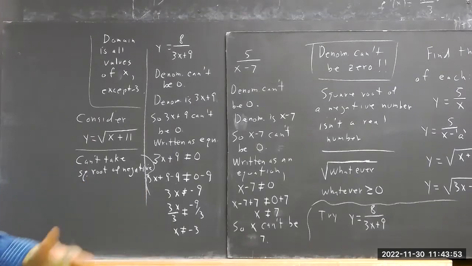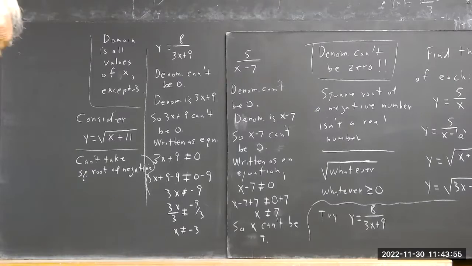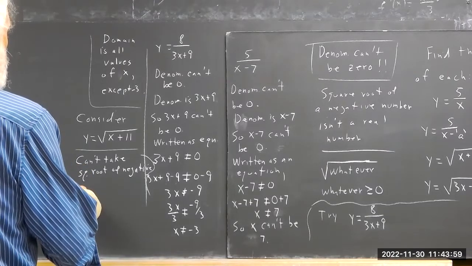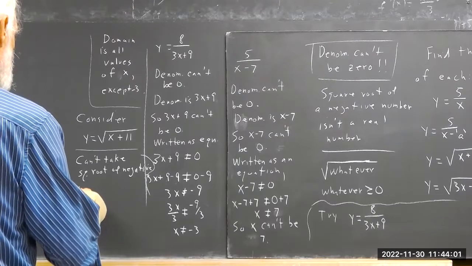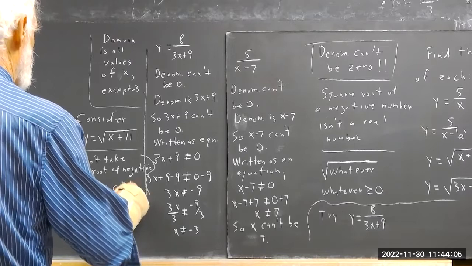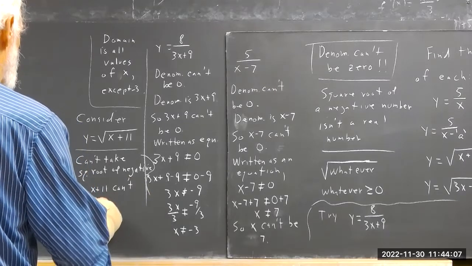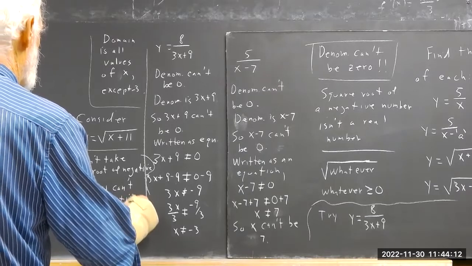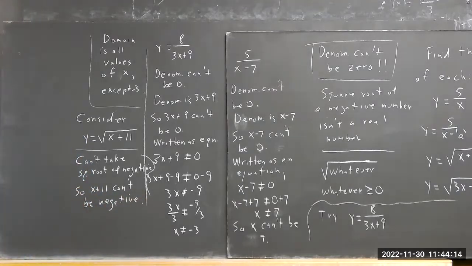Go to complex numbers, sure, you can take the square root of any complex number. But you can't take the square root of a negative. So x plus 11 can't be negative.